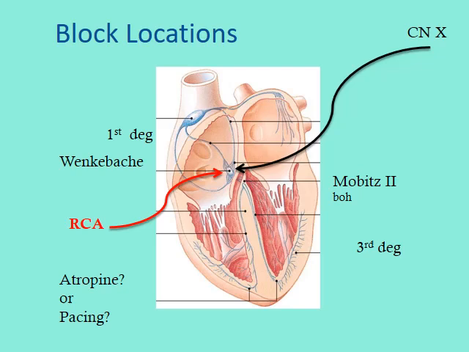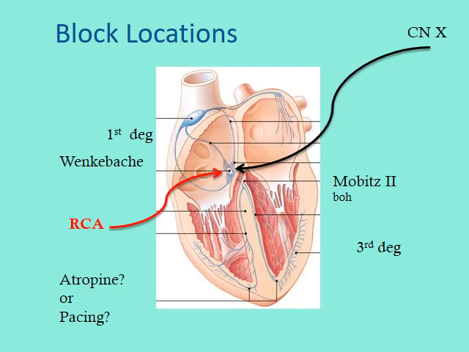That's why atropine is a parasympatholytic. The vagus nerve is hooked to the parasympathetic nervous system, and atropine blocks that signal. The parasympathetic nervous system is the body's brake pedal. If we block that brake pedal, then our heart speeds up.